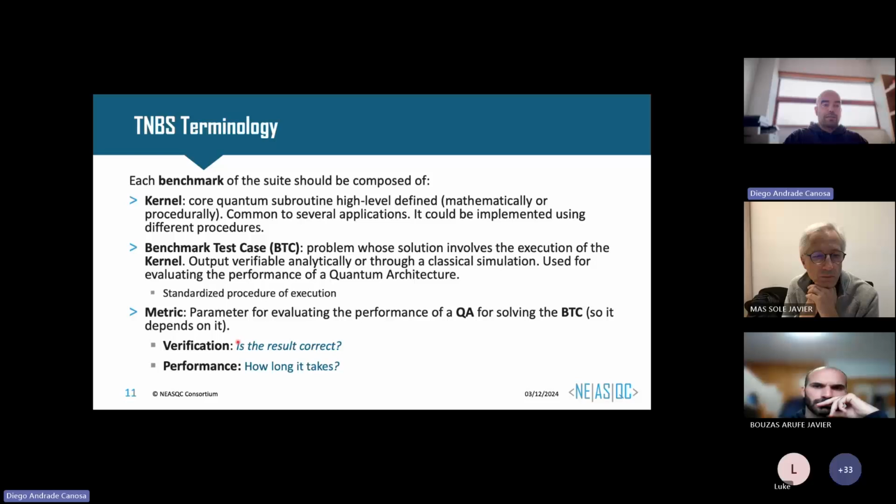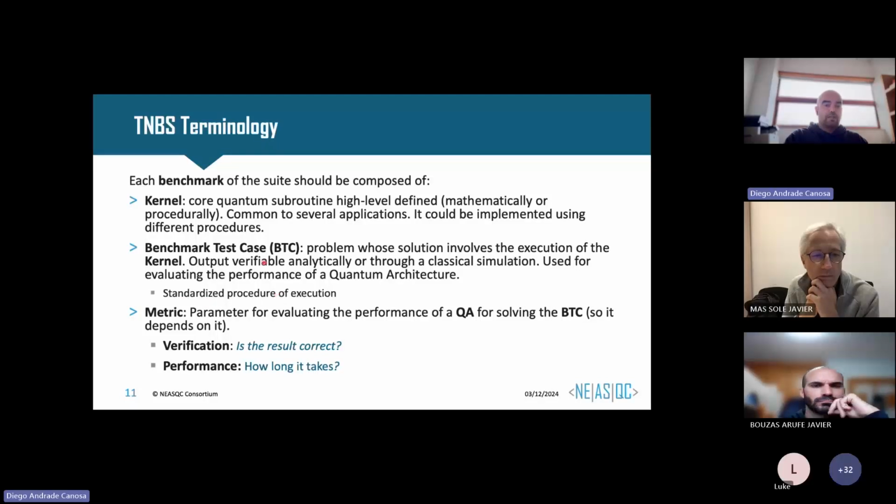The second component is the benchmark test case. So associated to each kernel, we have a problem whose solution involves the execution of the kernel and whose output is verifiable through classical means. So this is going to be used to evaluate the performance of the kernel in a real context, in a real application, and it has to be equipped with a standardized procedure of execution.